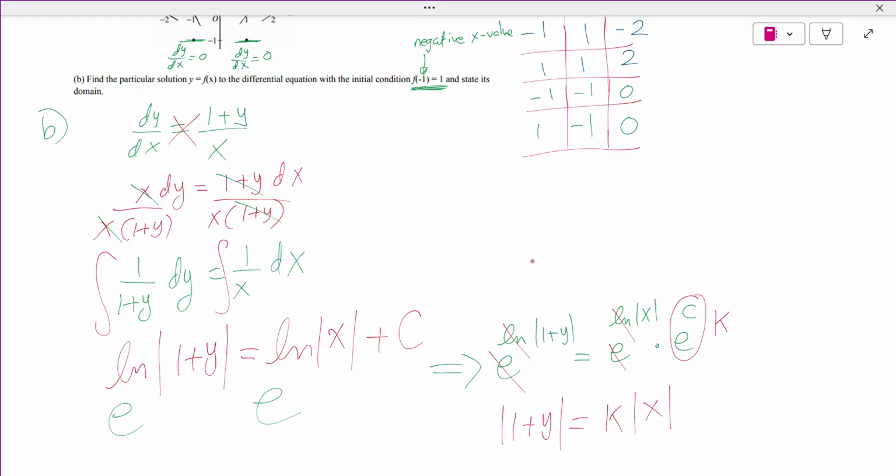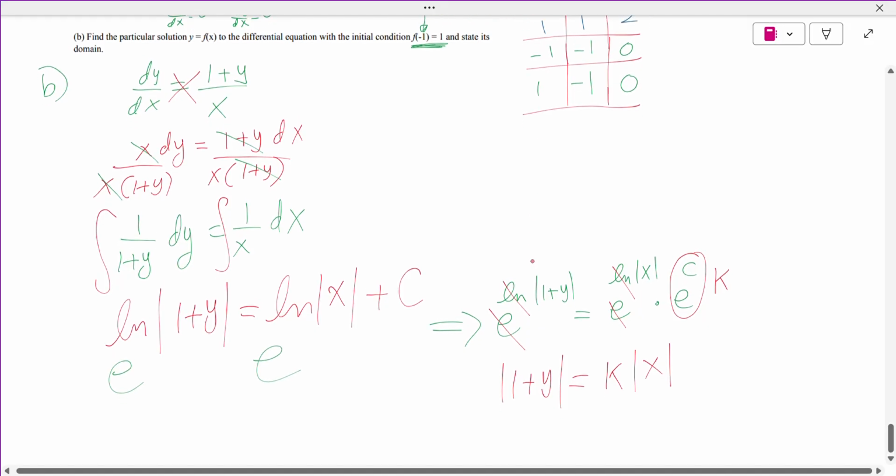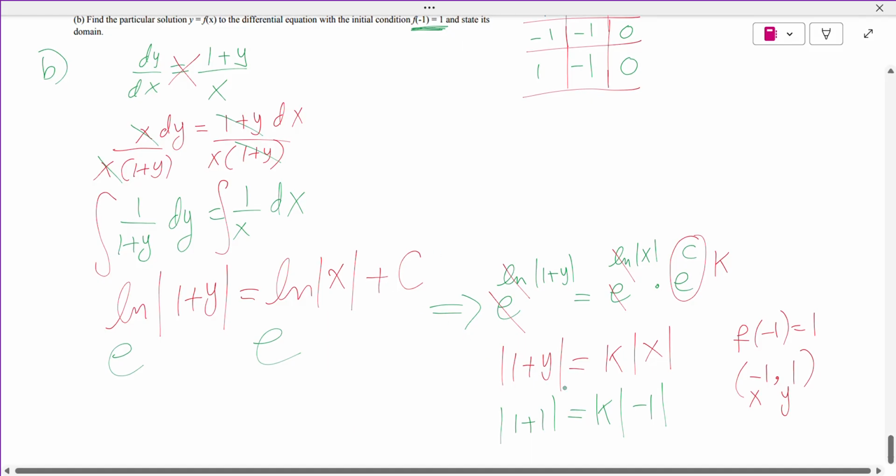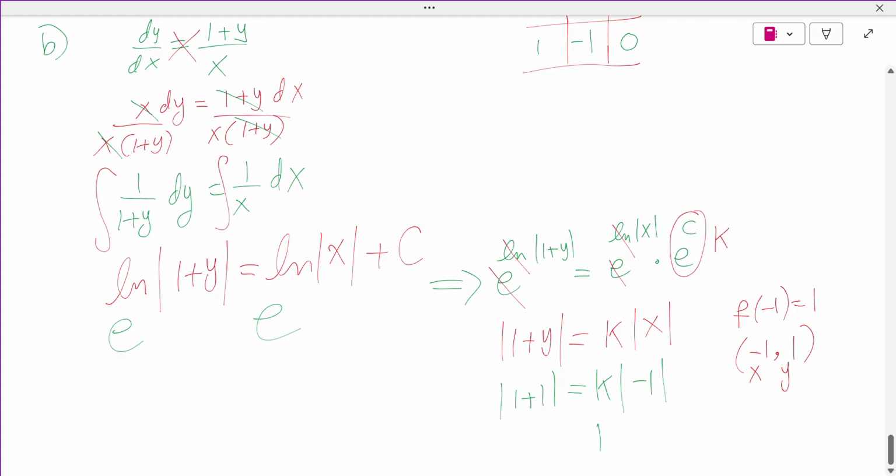Now we are given an initial condition. The initial condition is f of -1 equals 1, meaning the point is -1 and 1. Replace x with -1 and y with 1. What happens if you do that? You get 1 plus 1 equals k times the absolute value of -1. So the absolute value of -1 is 1, times k. The absolute value of 2, so k equals what?